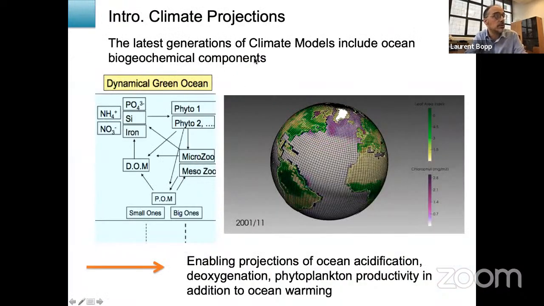We have climate models that do include ocean biogeochemical components, as this one, with several nutrients, phytoplankton, and zooplankton groups. And so this enables us to project ocean acidification, deoxygenation, and phytoplankton productivity in addition to ocean warming. And this is what I will focus on in the next slides.